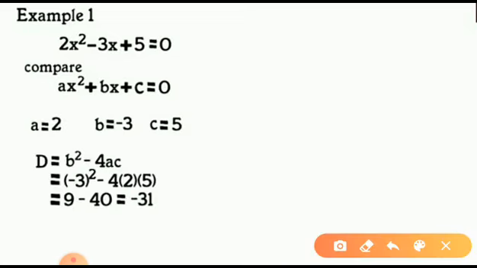Substituting the values of a, b and c, I get the value as minus 31. Now the discriminant is minus 31, which is less than 0.